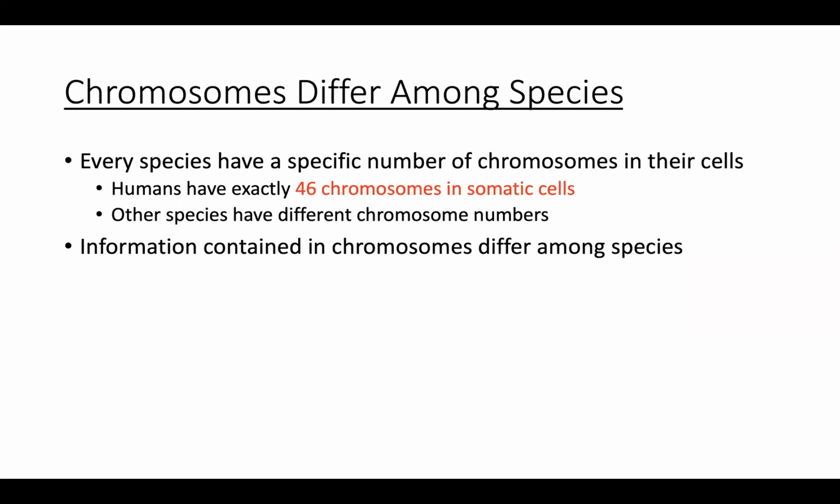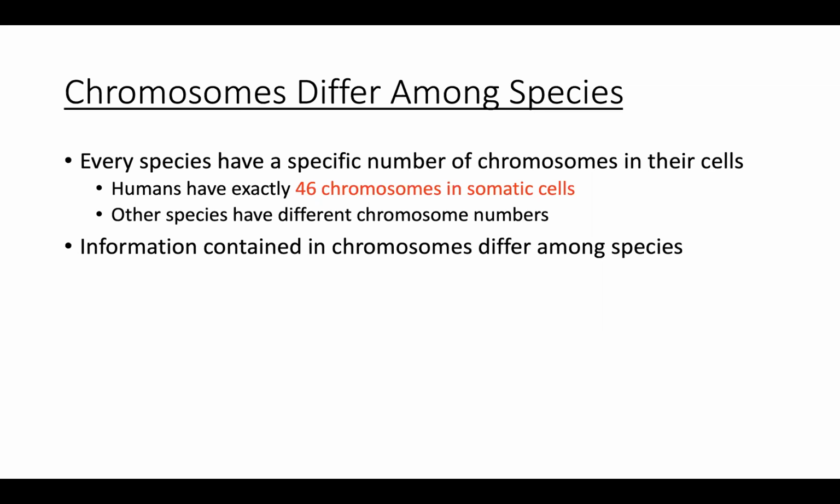And so we also understand that the information contained in chromosomes differs amongst species. Like I said before, the Human Genome Project has mapped out the human genome. We know how many chromosomes we have. We know which information is contained on which chromosome. But that may not be the same across all species.